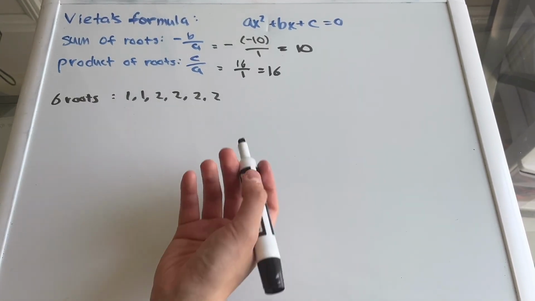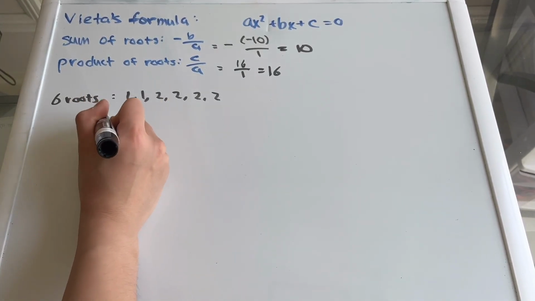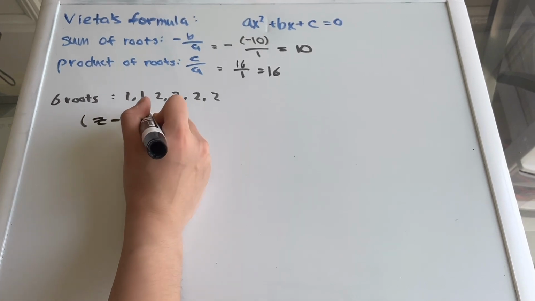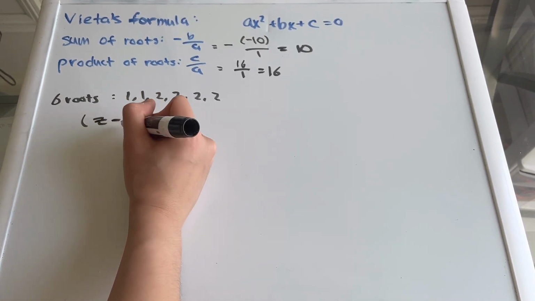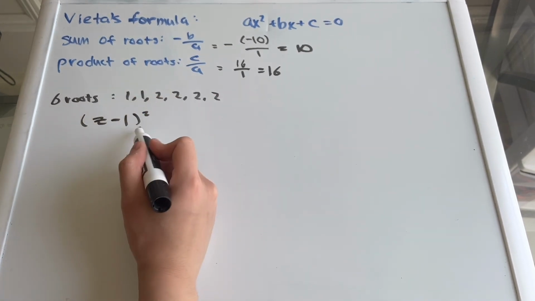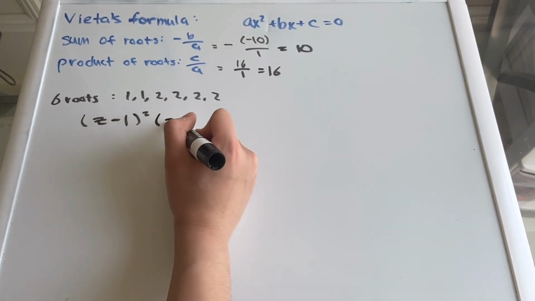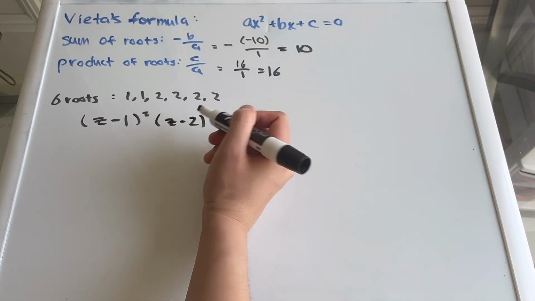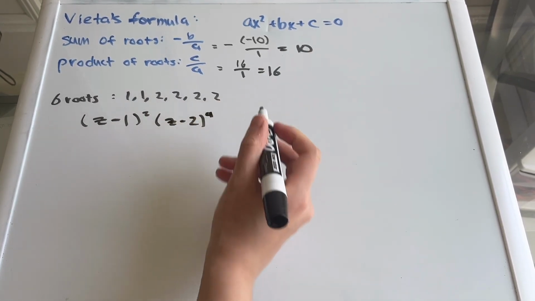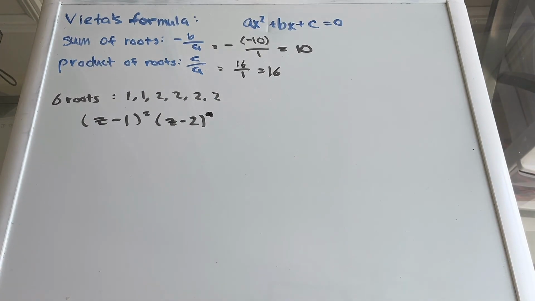These are the roots. We can write it in the formula z minus 1 squared, because one of the roots is 1, and there are 2 of them, so you square it. And then z minus 2, because one of the roots is 2, and you raise it to the 4th power because there are 4 of them that are 2.